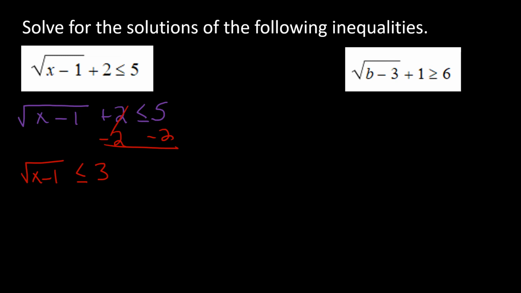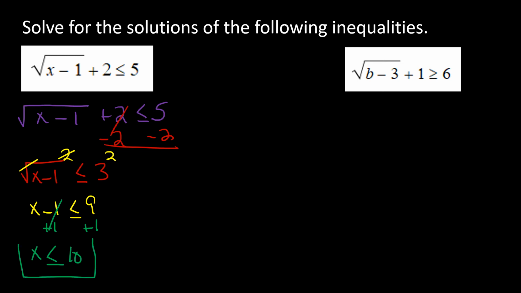We then need to square both sides. Square root simplify out. We get x minus 1 is less than or equal to 3 squared, which is 9. Add 1 to both sides, and we'll get x is less than or equal to 10. Done.